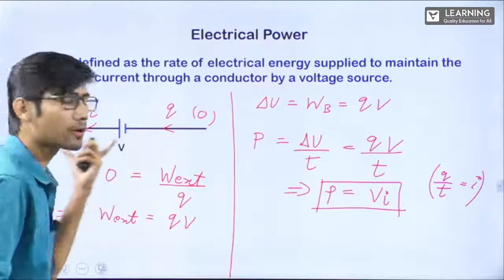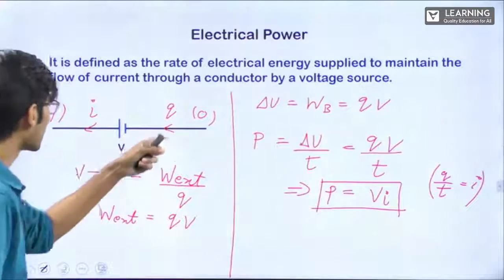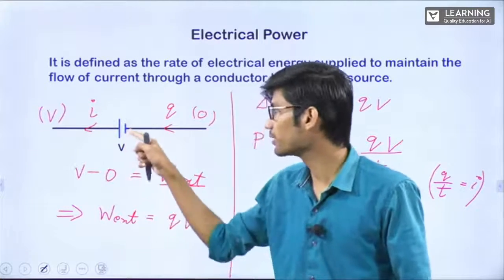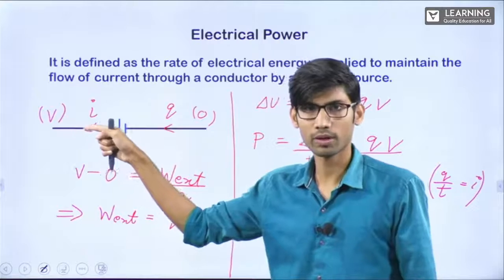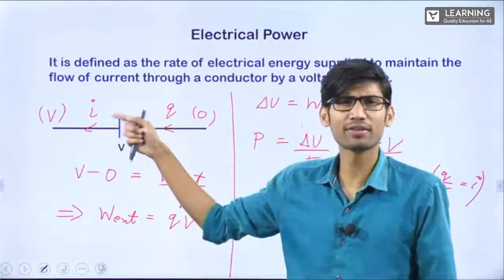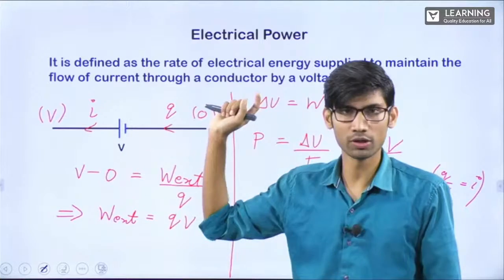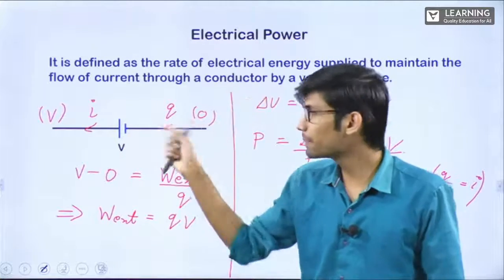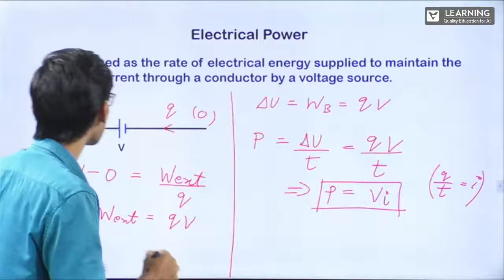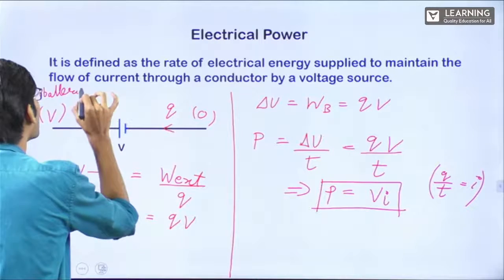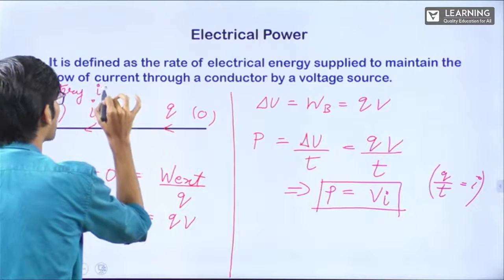Now this particular process where the current is flowing in this direction from this bigger line like this, this is the very general case which we see every time we connect a battery, we will take out the current in this direction only, right? This particular thing is known as discharging. Battery is discharging.